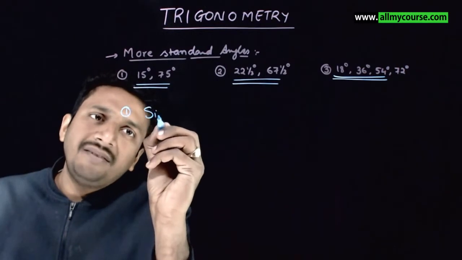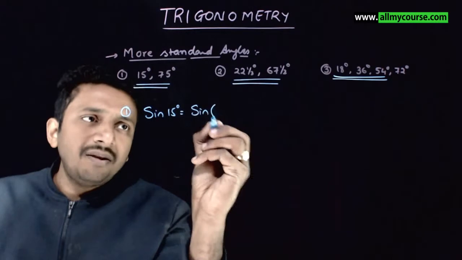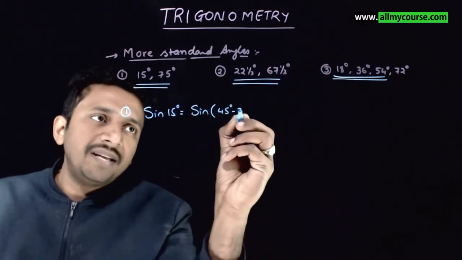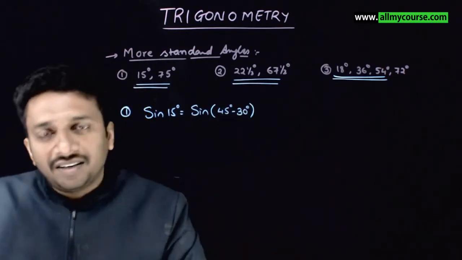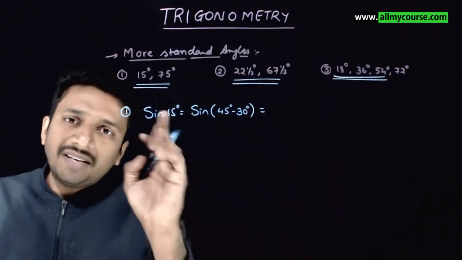If you want sine 15 degrees, 15 can be written as sine of 45 degrees minus 30 degrees, since 45 minus 30 is 15.